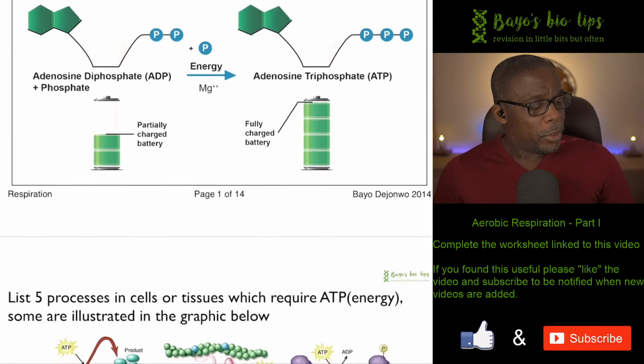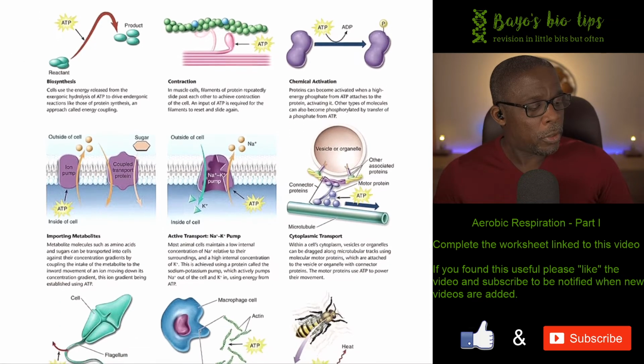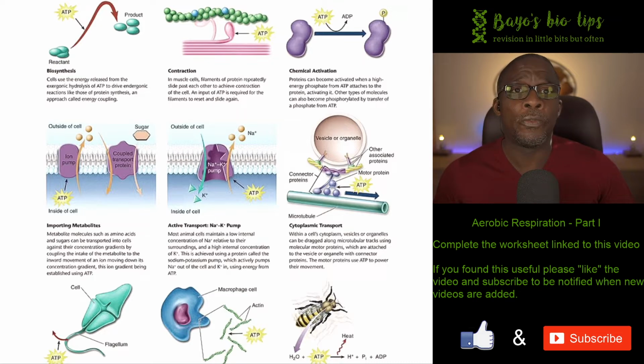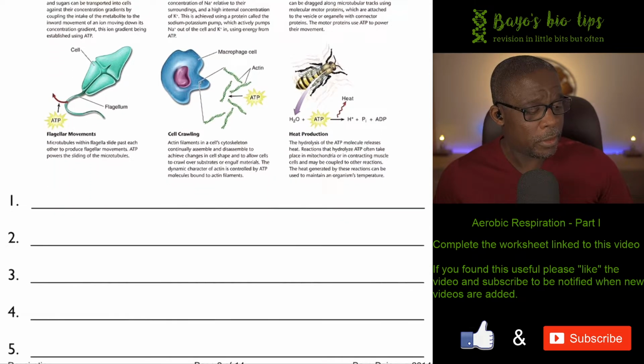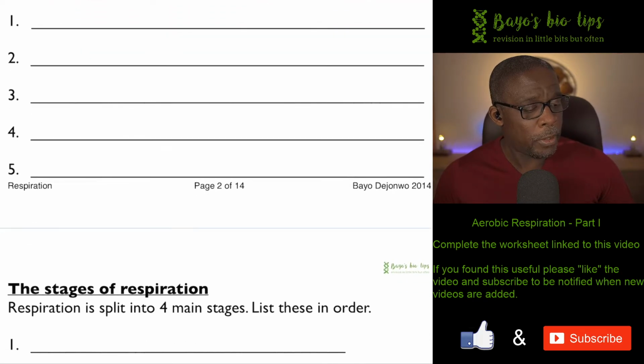Okay, so on page 2, you've got a graphic that takes you through some of the different cellular processes which require ATP. So let's list some of those. I'll put down 3, and you can have a go at putting down 2 of your own.